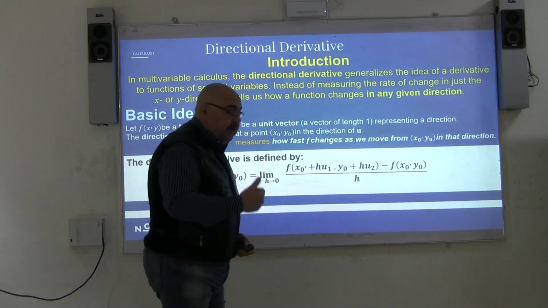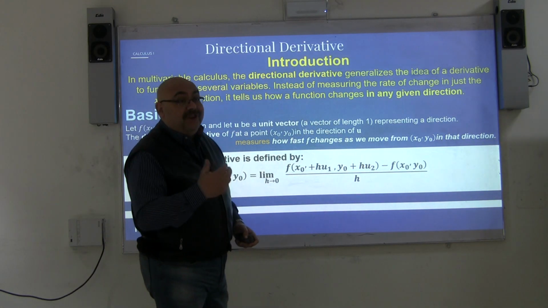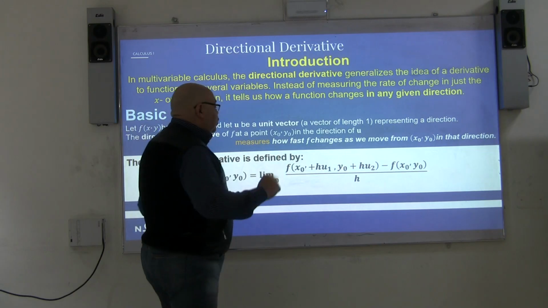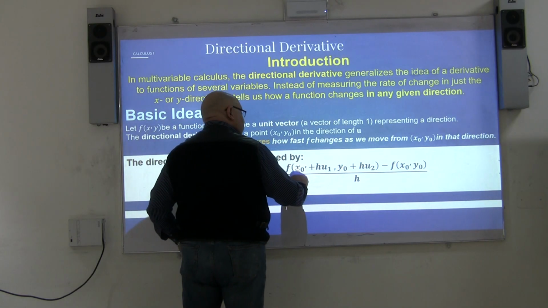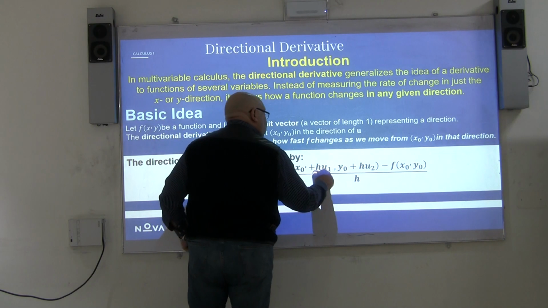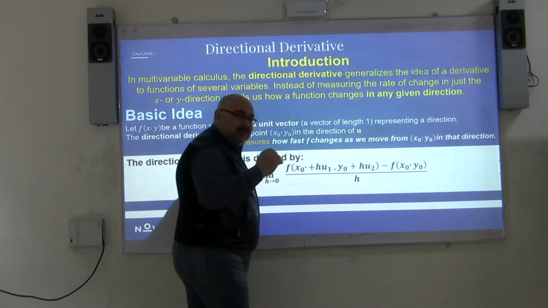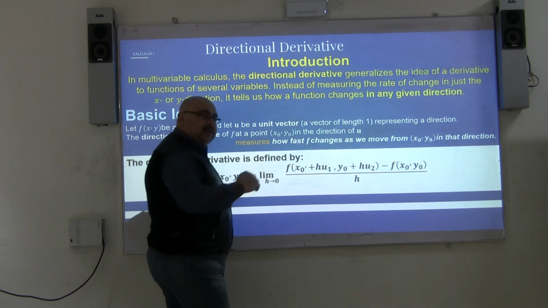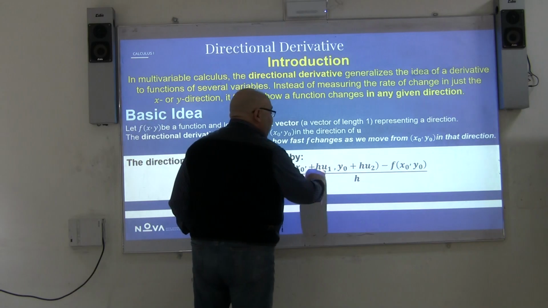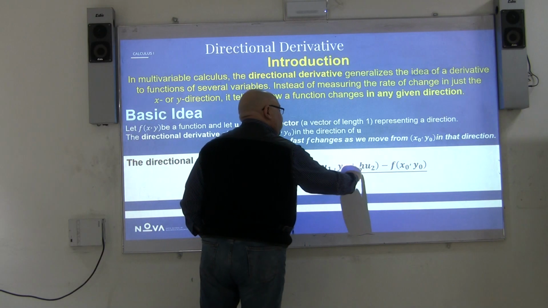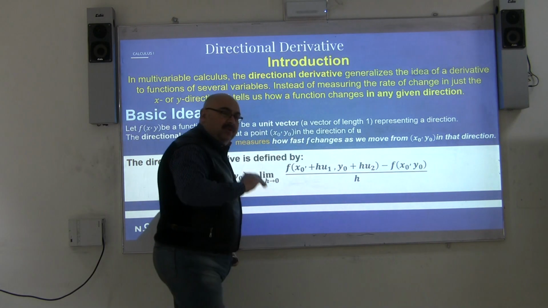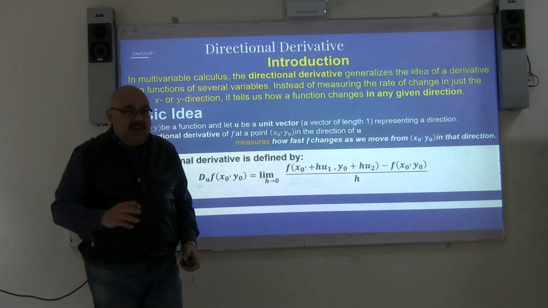If you remember, when we take the derivative with respect to x, we usually write x naught plus h times 1, and y naught plus h times 0. That's the partial derivative in the direction of x.